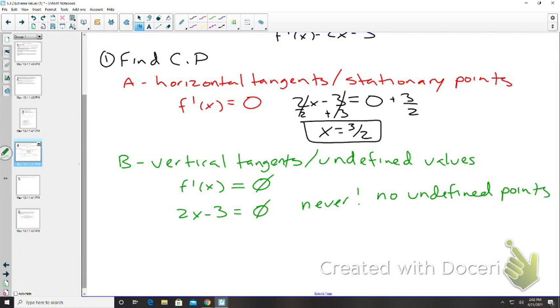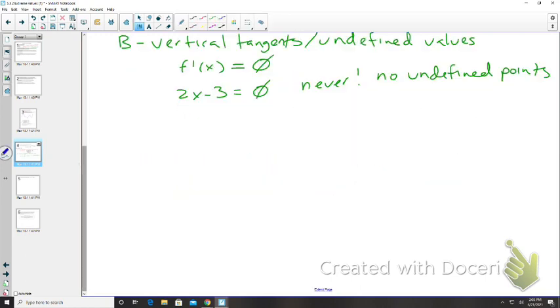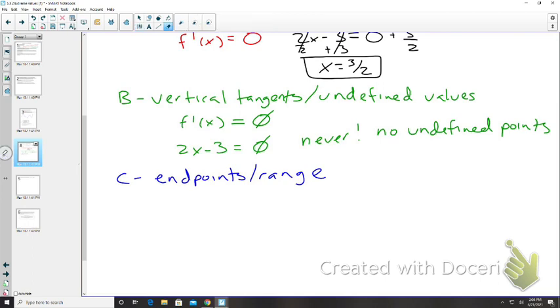No undefined points. Good. And lastly, C is our endpoints/domain. Sorry, domain, I should say, not range. Endpoints/domain.